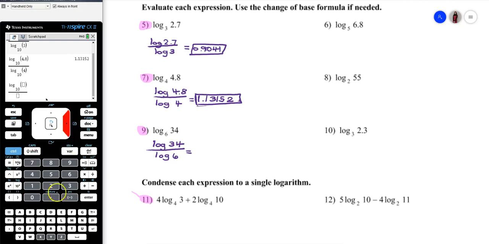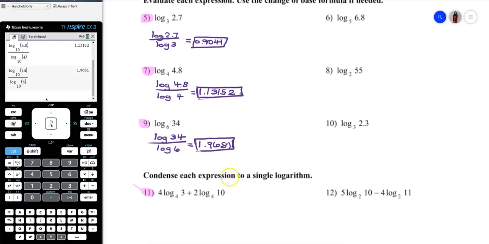Base 10, 34, base 10, 6. I'll get 1.981, which makes sense that it would be close to 2 because 6 squared is 36. So I needed something close to 2 but not quite 2, which gives me that 1.9.